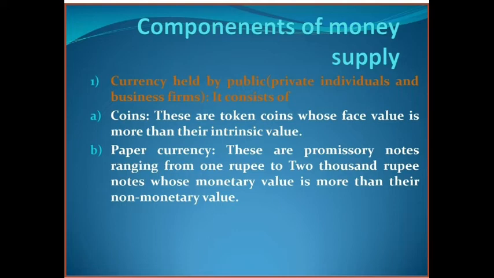Currency held by the public consists of coins and paper currency. Coins are token coins whose face value is more than their intrinsic value, that is, their actual value.